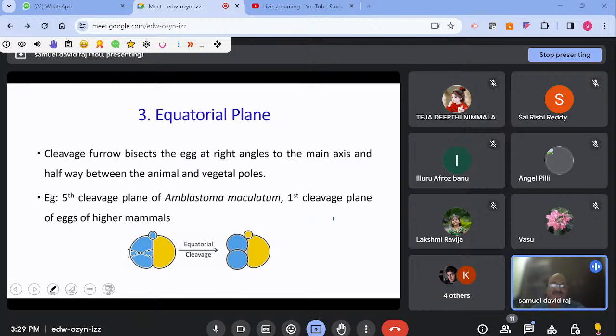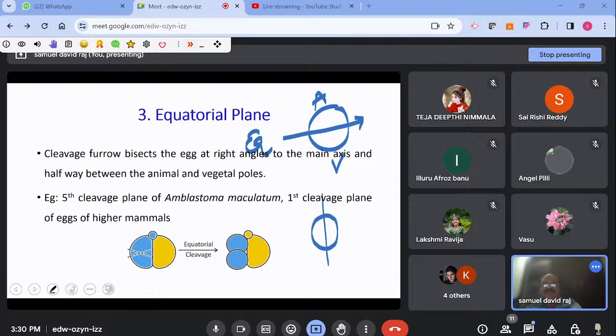When we see the egg, there is another plane which is exactly between the animal pole and vegetal pole. We can call it the equator. The cleavage furrow that bisects the egg at right angles, that is 90 degrees, to the main axis is called the equatorial plane.